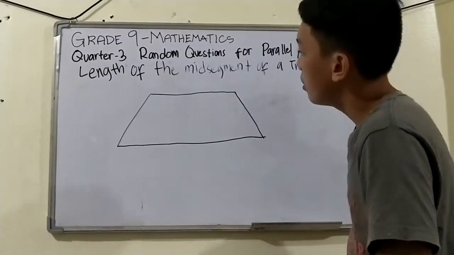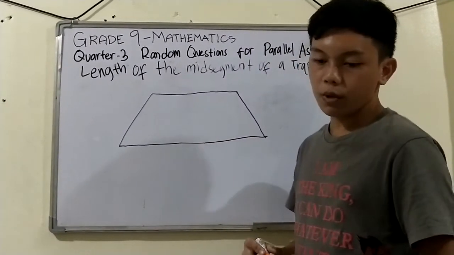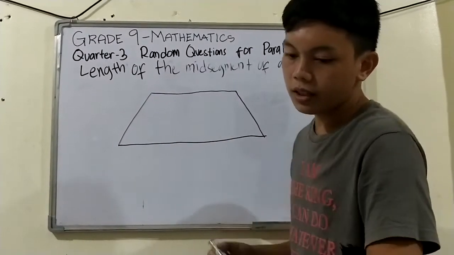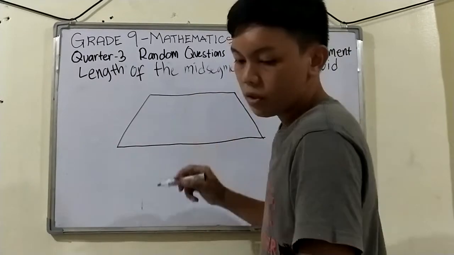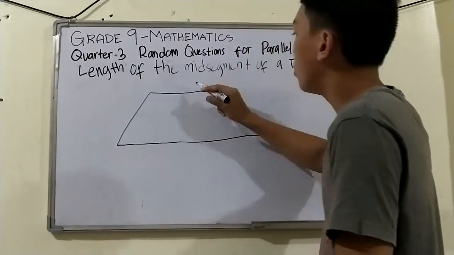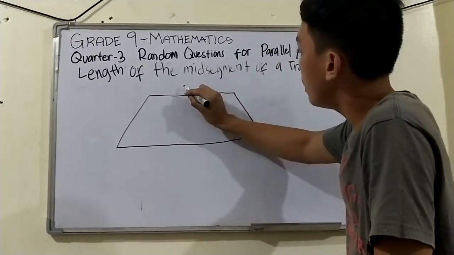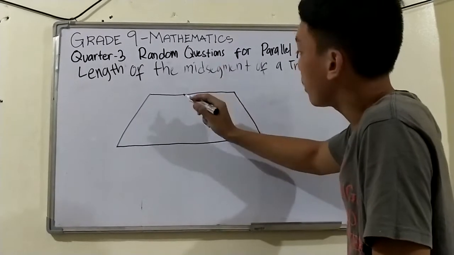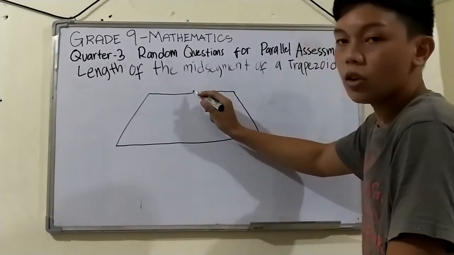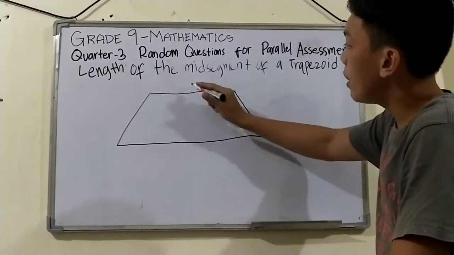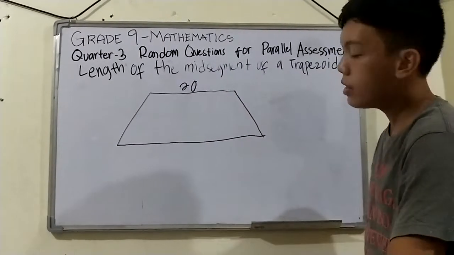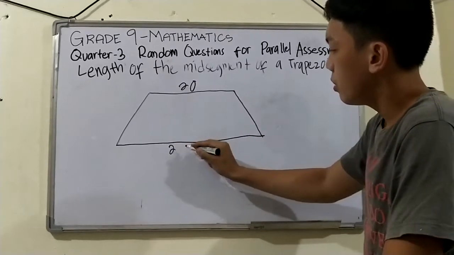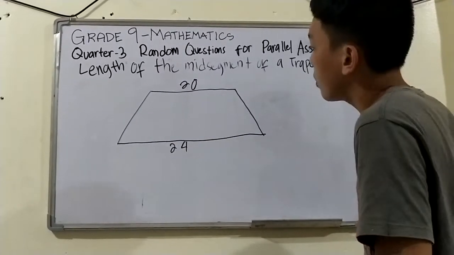Okay. So in our first problem, it is given that the length of the bases of the trapezoid is equal to 20 and 24 respectively. So the length of our upper base is equal to 20 and the length of our lower base is equal to 24.